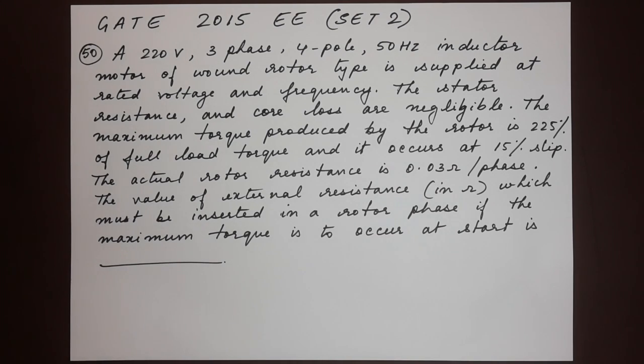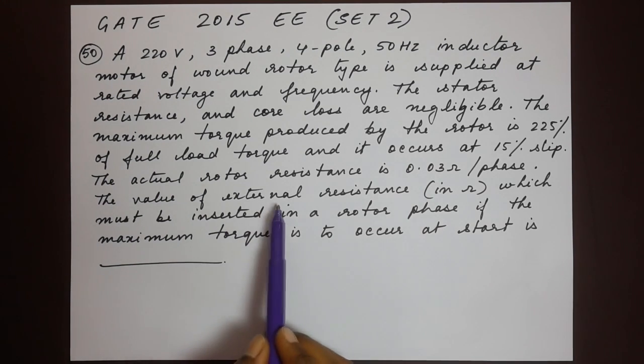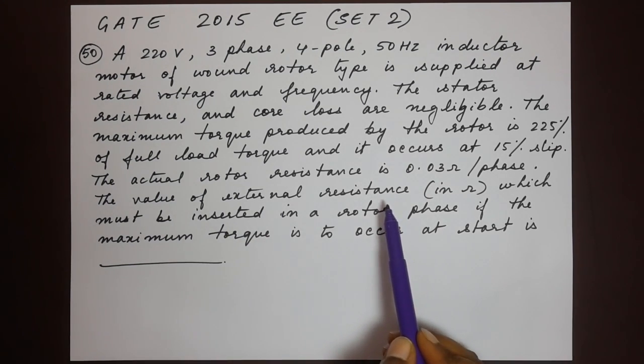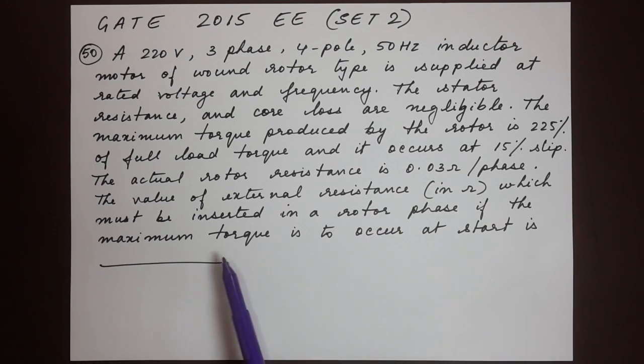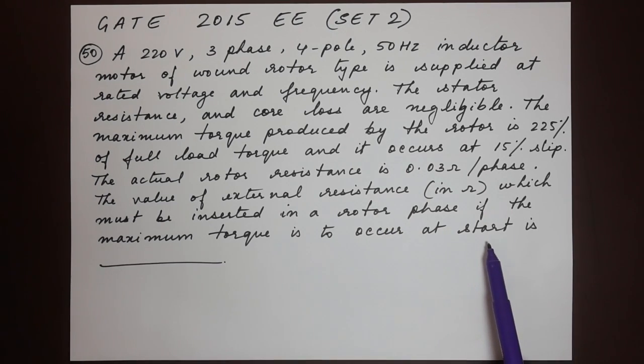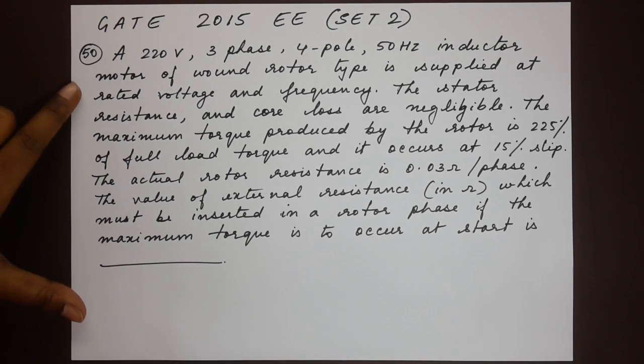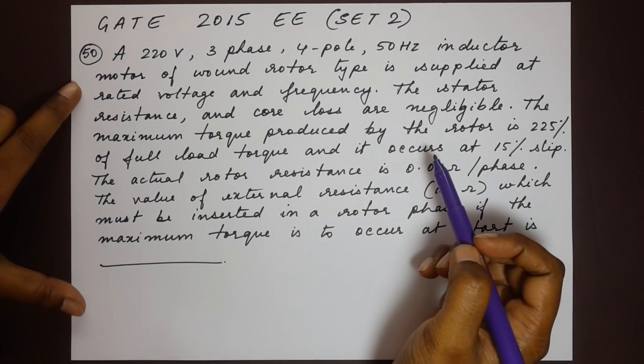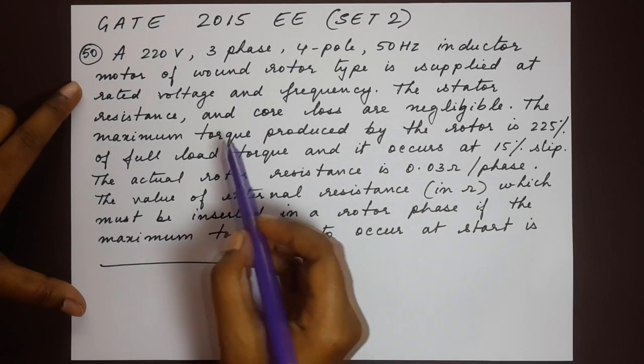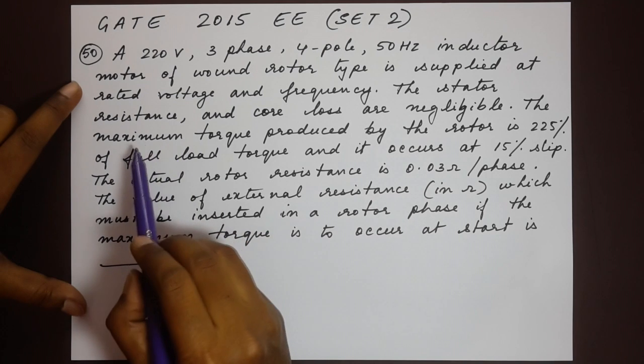Okay, so we are asked to find out the value of the external resistance when there is maximum torque occurring at the start of the motor, at starting in fact. So let's note down what's given to us. We begin by writing down here, this is the important part.